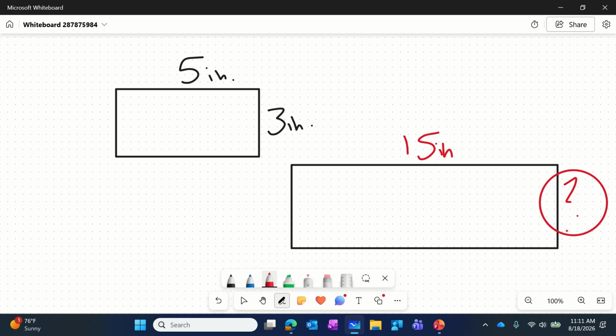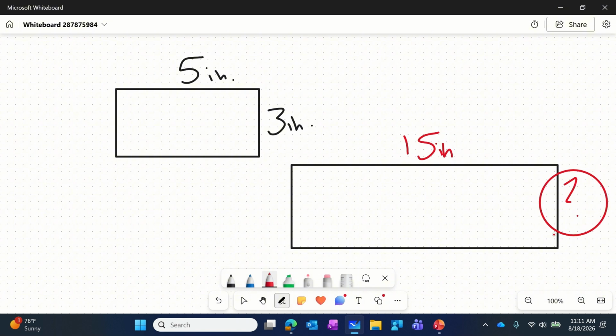Okay, ladies and gentlemen, what is the length of the missing side? Everybody just got that question wrong. Listen to the question. If this side is 5 inches, this side is 3 inches, this side is 15 inches, what is the length of the missing side? What did you all say? No, that's not what you said before. What did you guys all say when I asked it?